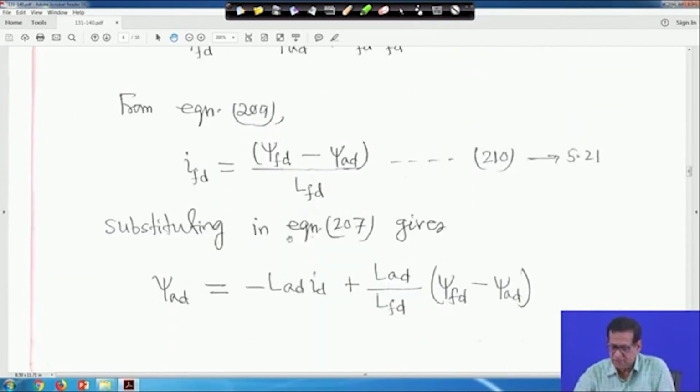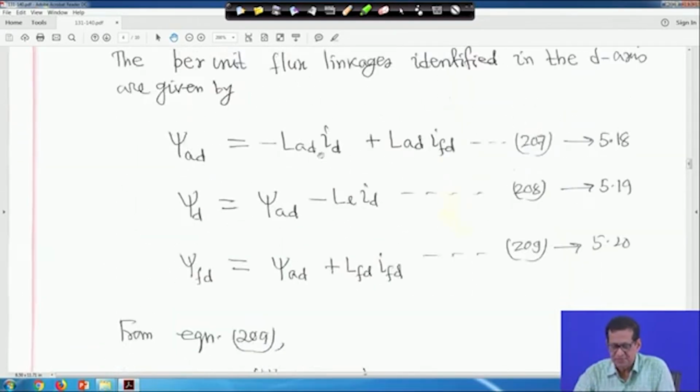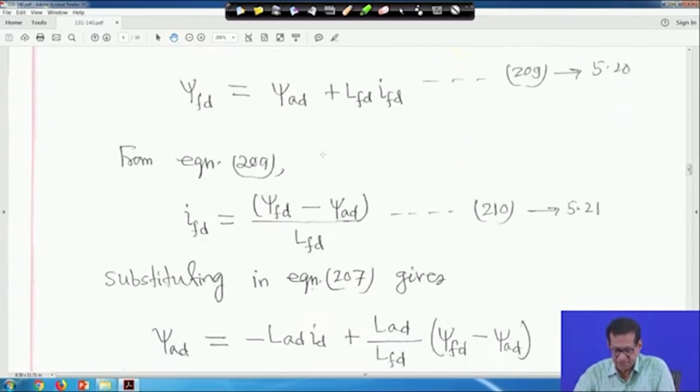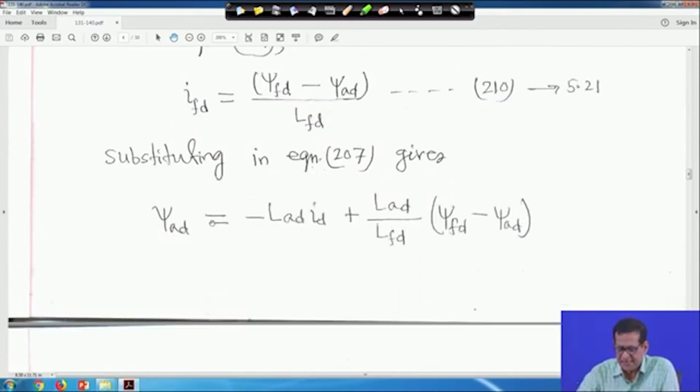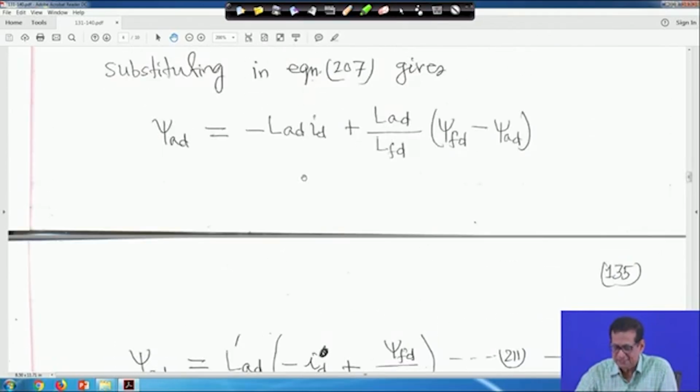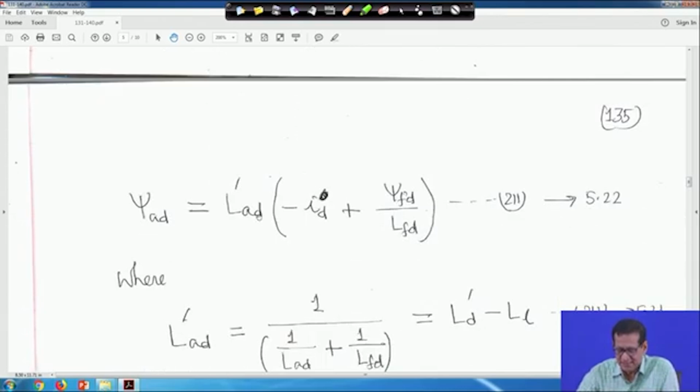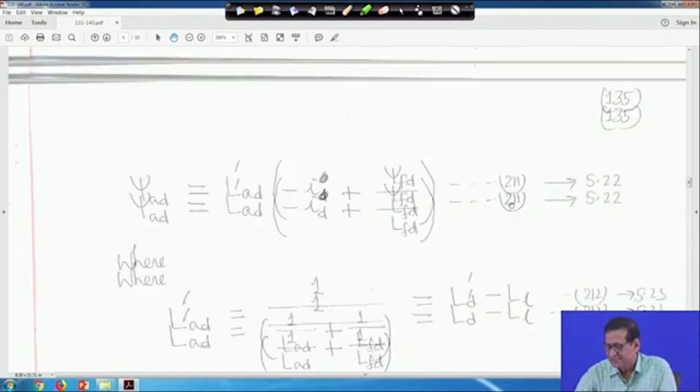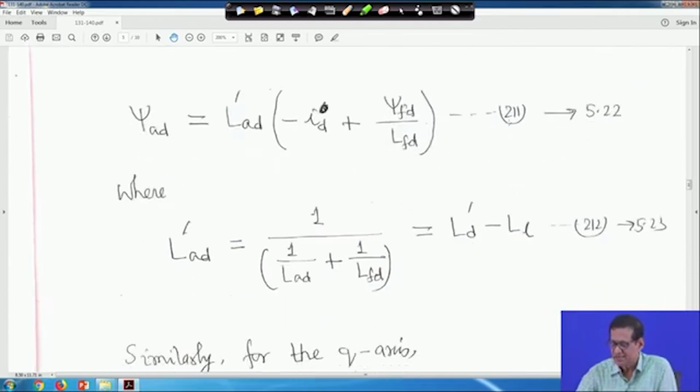If you substitute this for IFD in equation 207, you will get psi AD is equal to minus LAD ID plus LAD upon LFD times (psi FD minus psi AD). Simplifying, psi AD is equal to LAD dash in bracket minus ID plus psi FD upon LFD. This is equation 211.